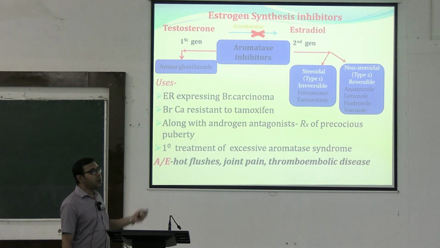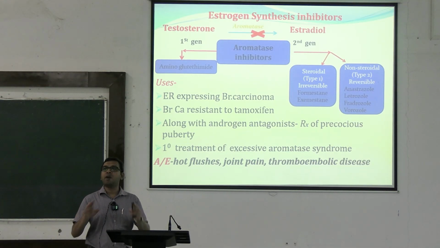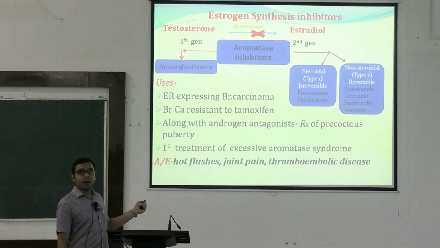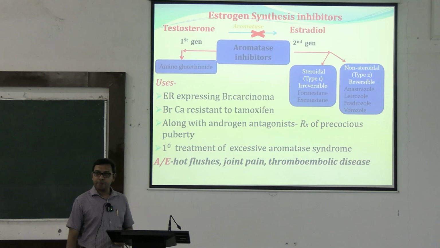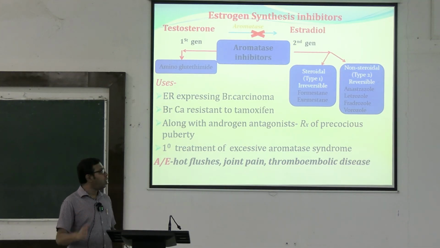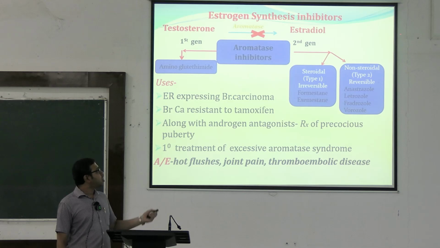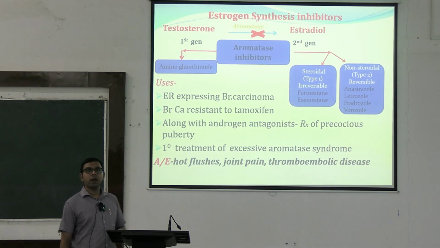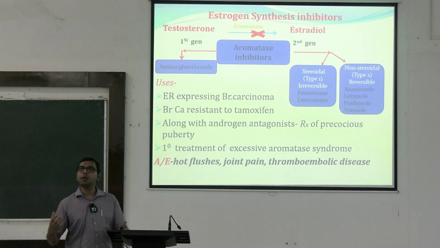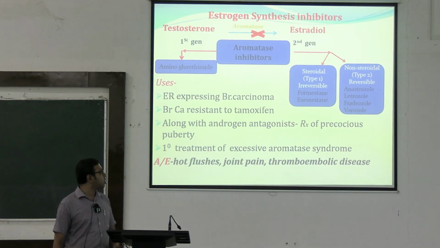So aromatase inhibitors can be divided into first generation and second generation aromatase inhibitors. A first generation example is aminoglutethimide, lesser used nowadays, and second generation may be either steroidal or non-steroidal. Steroidal second generation aromatase inhibitors are also known as type 1 inhibitors. They usually cause irreversible blockade of estrogen synthesis.